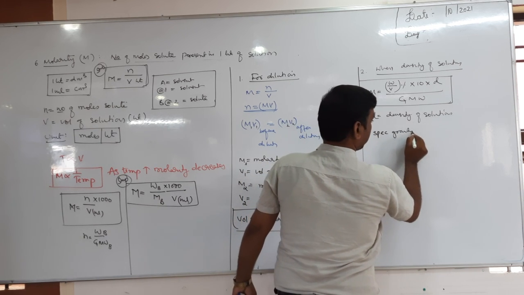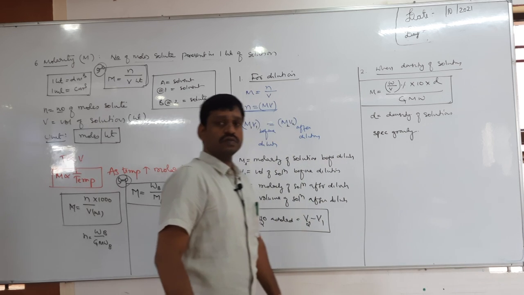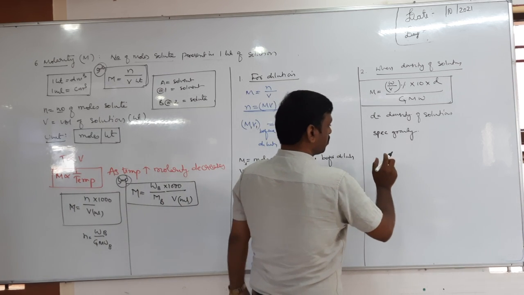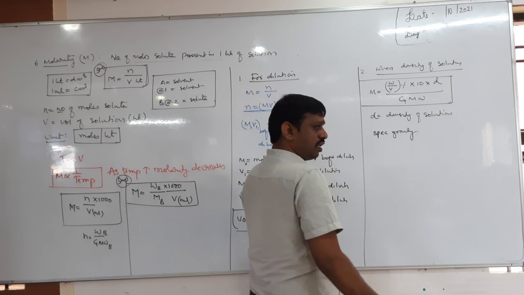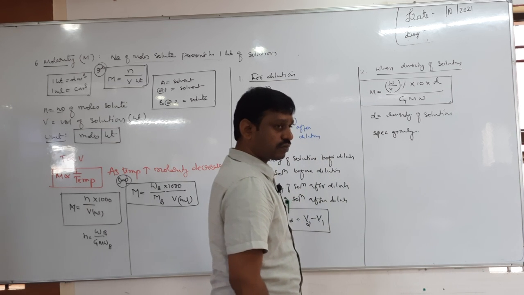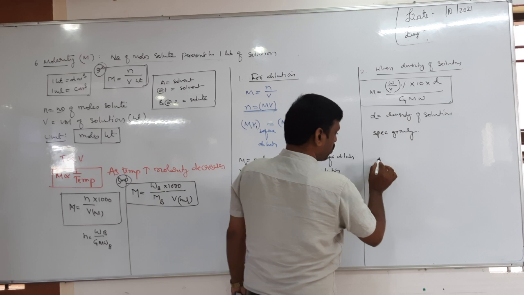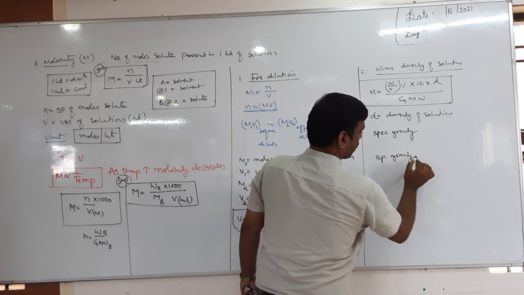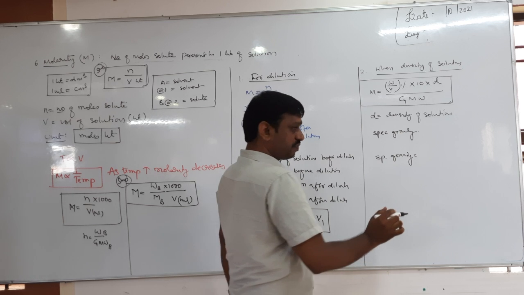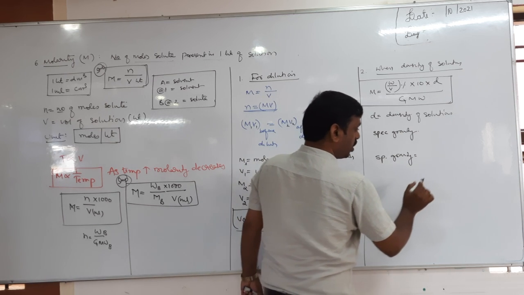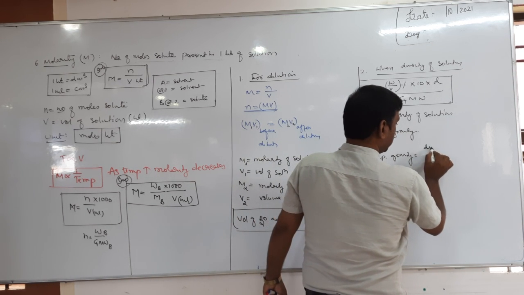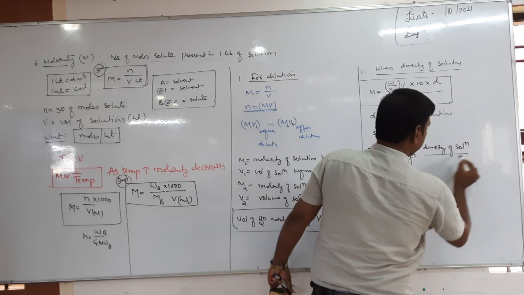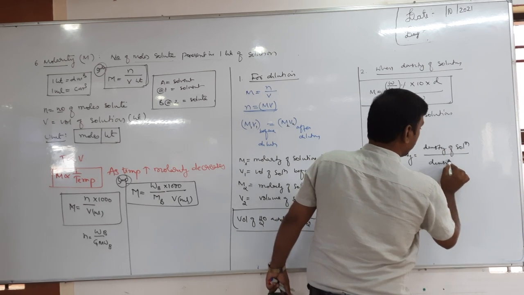Why? Anybody? There is a relation: specific gravity equals relative density, that is the density of solution divided by the density of water.